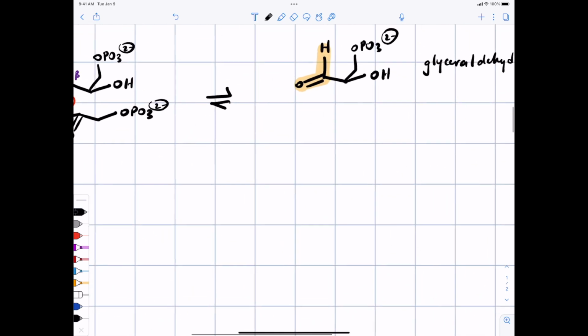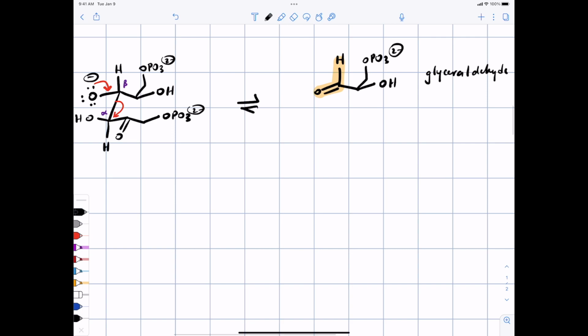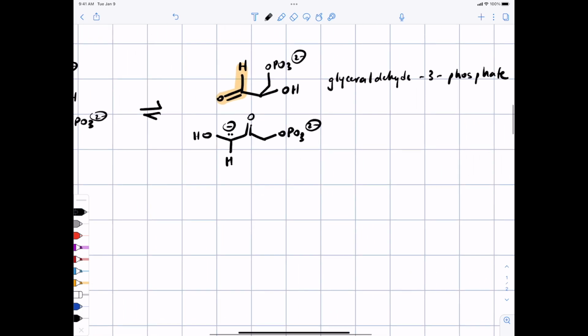And then what's left in our other portion of the molecule is this. An enolate, which can then pick up a proton from some source. The enzyme is fine.